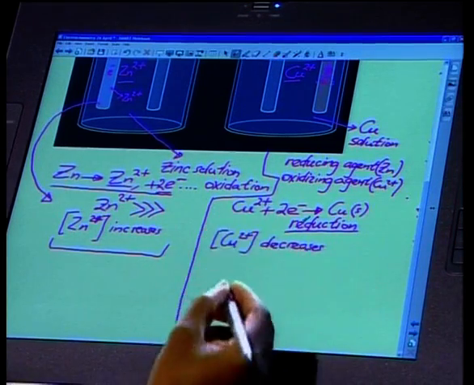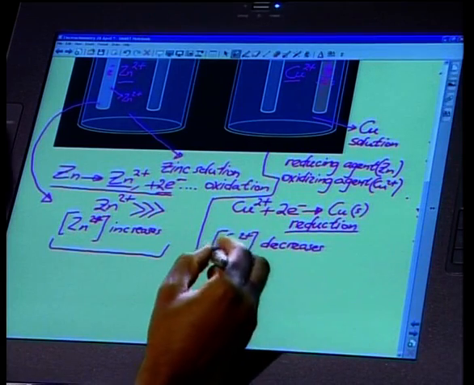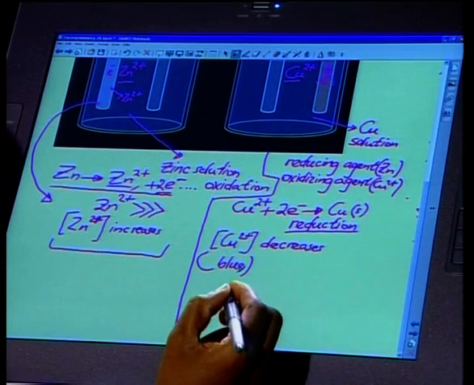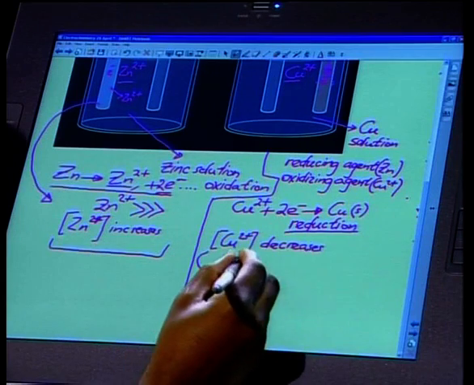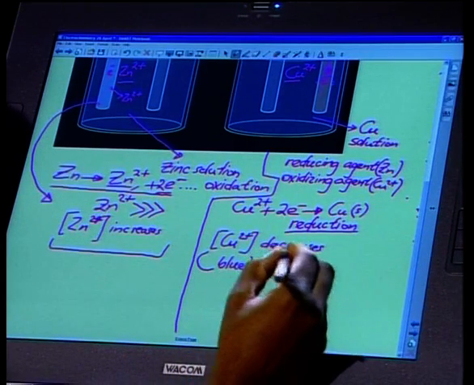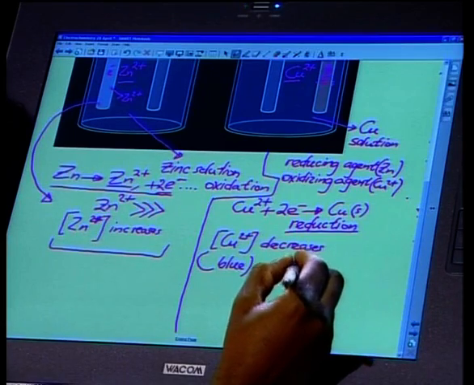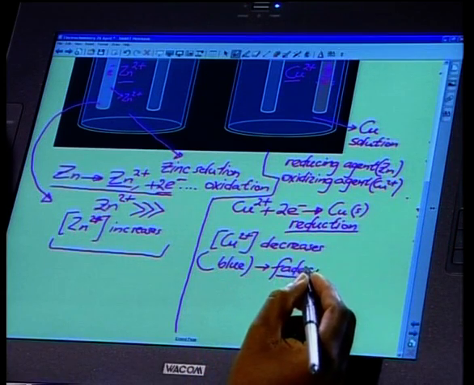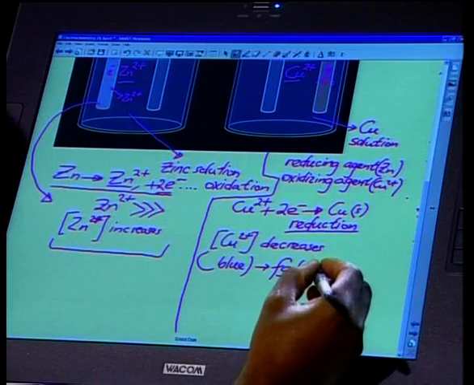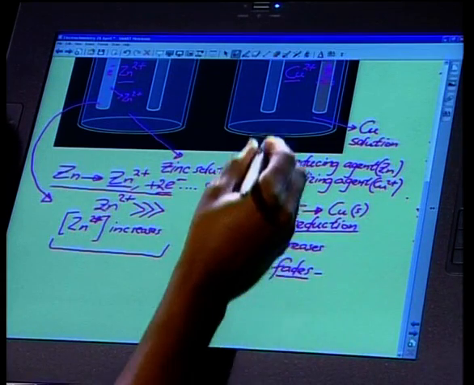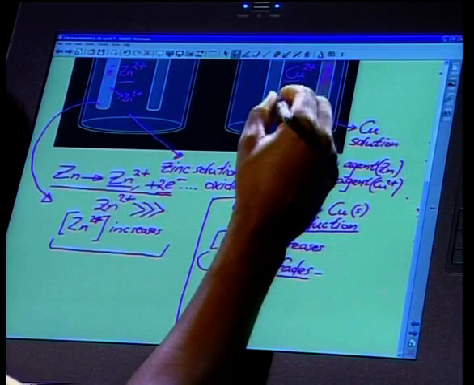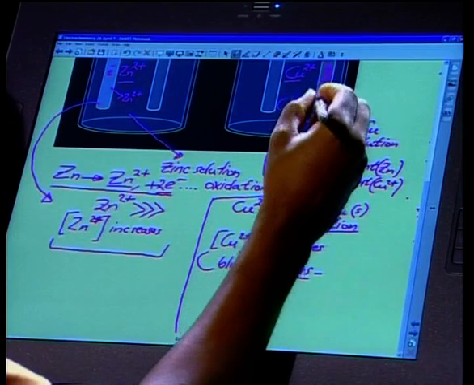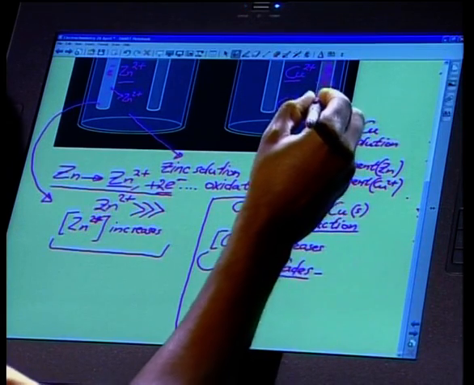Experimentally, we can see this because we know that these Cu2+ ions are blue in color. This blue color fades over time when the cell is in operation. What does the fading tell us? It tells us that more and more of the Cu2+ in this solution is taken out of solution and becoming copper.